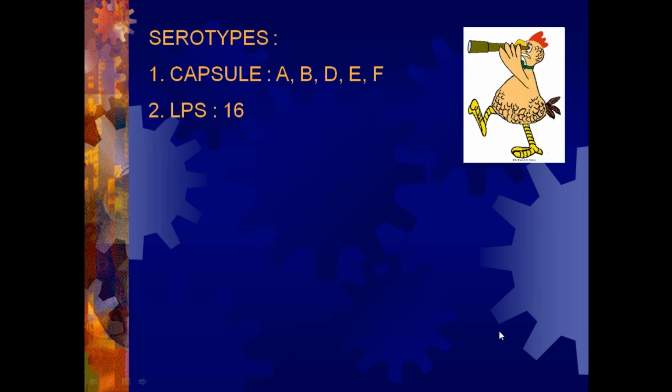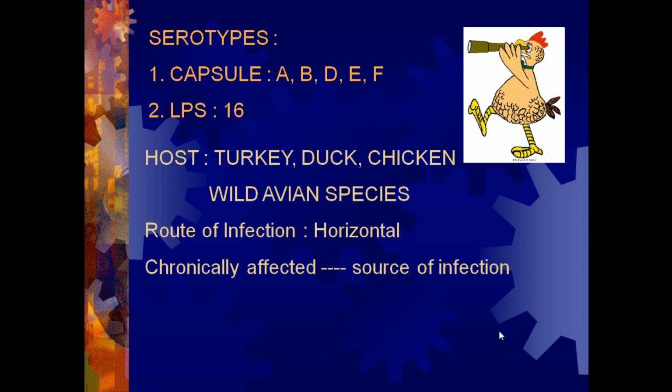The serotypes of Pasteurella multocida that can cause disease in chicken can be serotypes with capsule types A, B, D, E, and F. So all these kinds of serotypes can cause disease in chicken or avian species. However, they cannot cause disease in mammals.